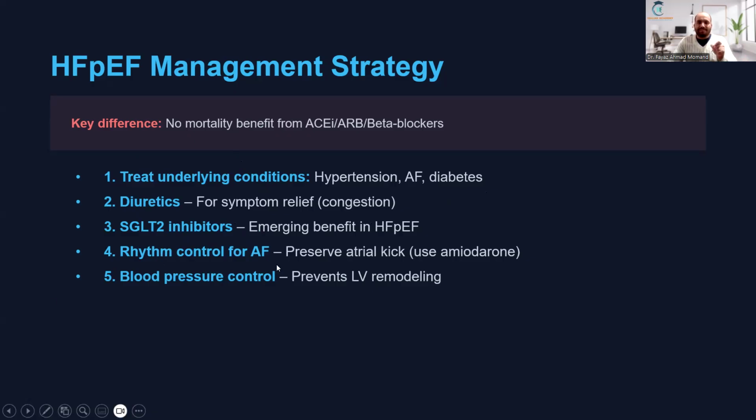If they have atrial fibrillation, our goal is to control the rhythm. We use amiodarone. Blood pressure we keep normal, in the ideal range between 90 to 130 or 135, depending on the patient's comorbidities. Normal blood pressure stops or slows the progression of left ventricle remodeling.